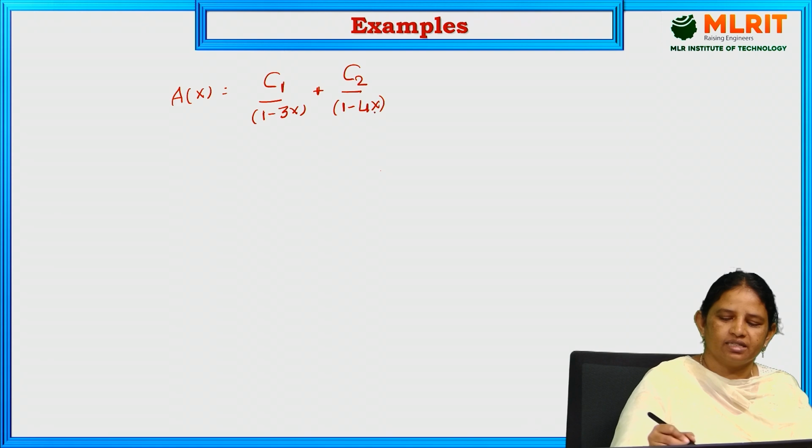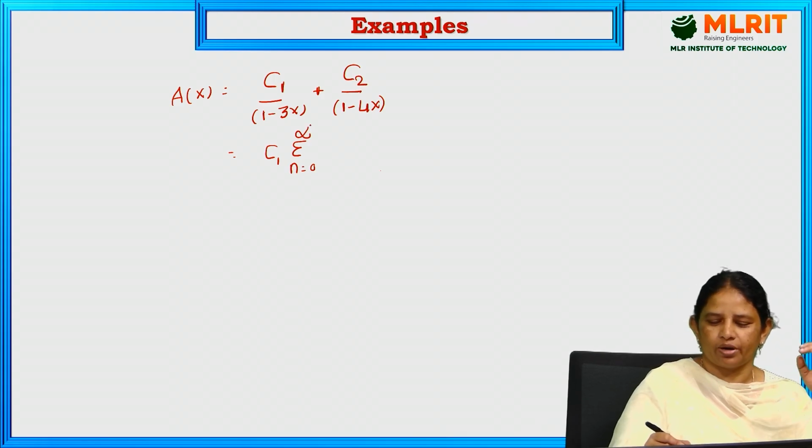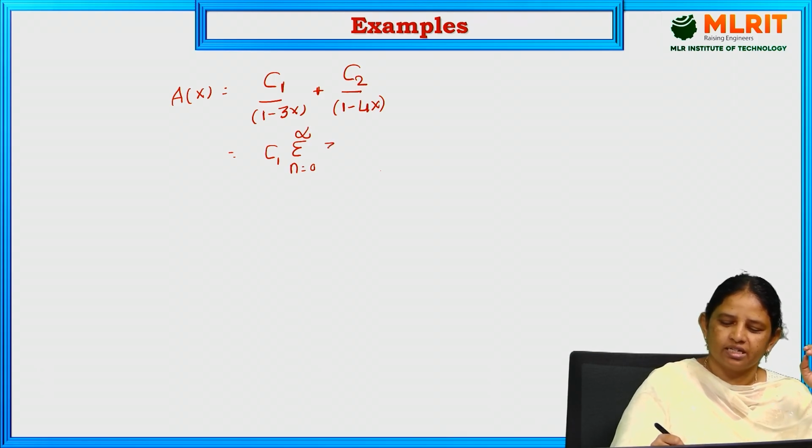Then it is written as c1 sigma n equal to 0 to infinity. What is the generalized or closed form for 1 by 1 minus 3x? That is 3 power n x to the power of n.